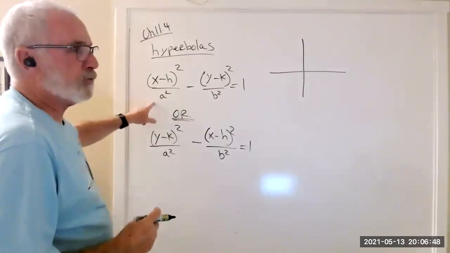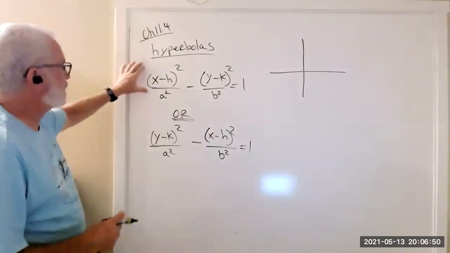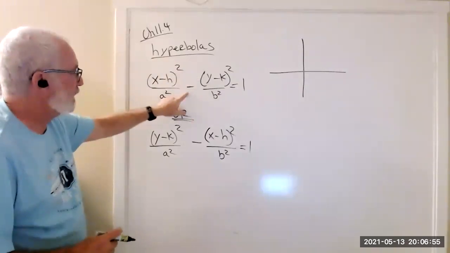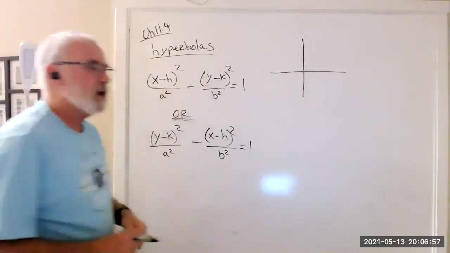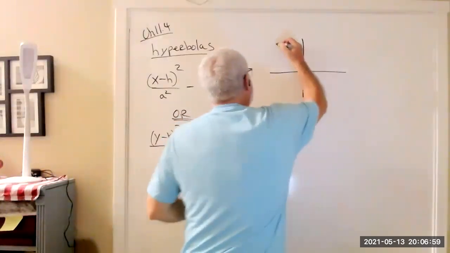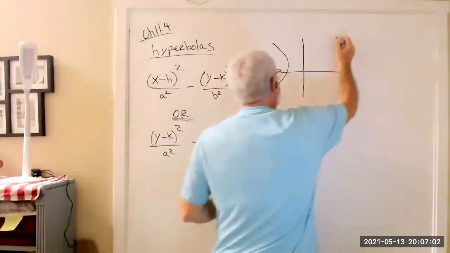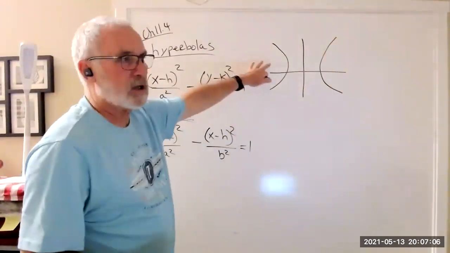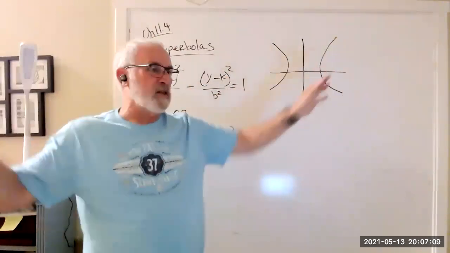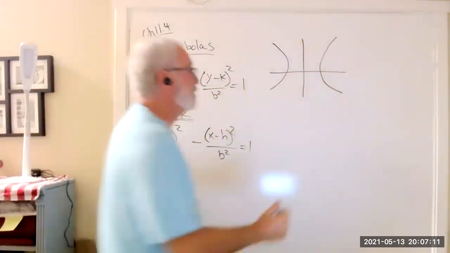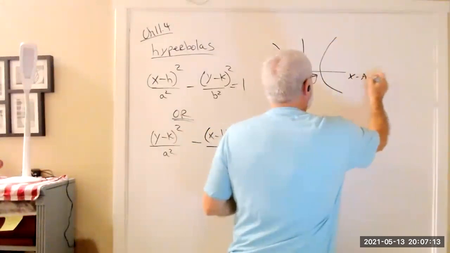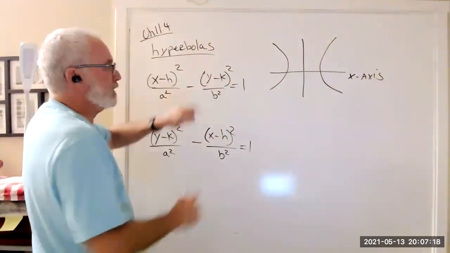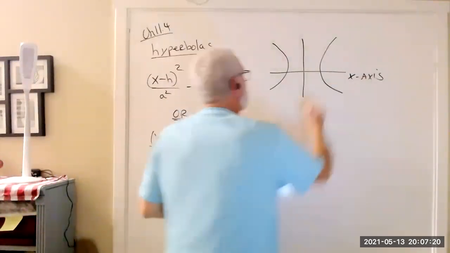If x comes first in the hyperbola, if your x is positive and your y is negative, remember this is minus this quantity, your hyperbola will look like this. It opens in the x direction. Remember, this is the x-axis. So if x is positive and y is negative, it opens in the x direction.